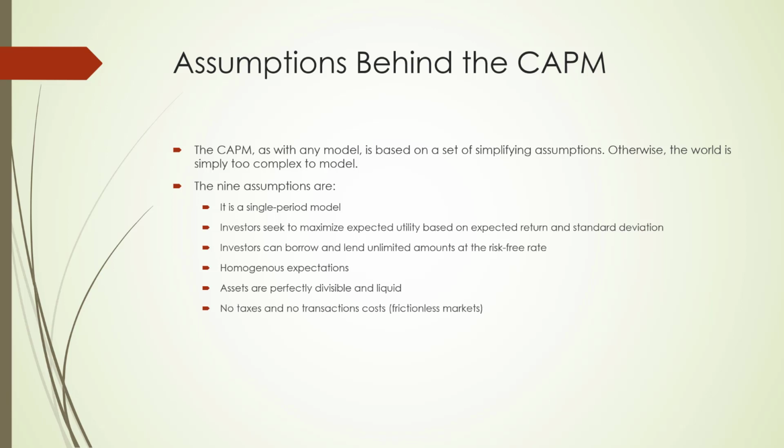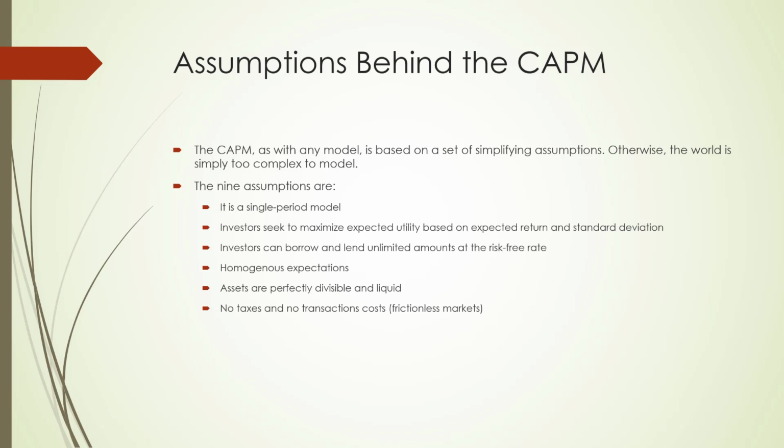The next assumption is that there are no taxes and no transactions costs. This is called frictionless markets. And the reason is that taxes and transactions costs make the markets not work perfectly. So you can imagine why. With taxes and transactions costs, arbitrage might not be able to bring prices exactly in line with where they should be.